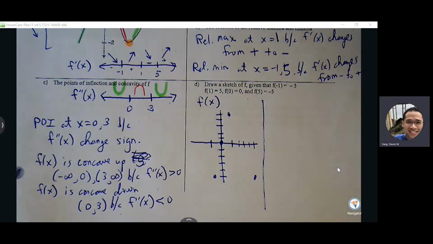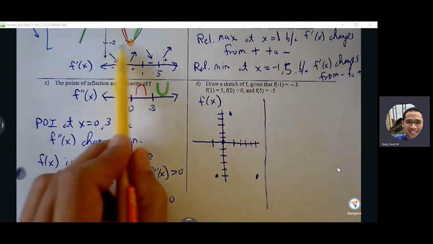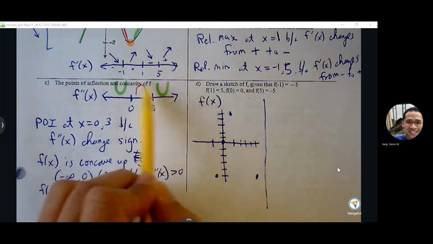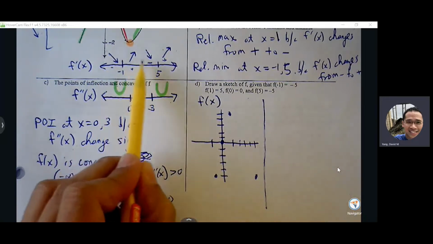I'm just going to use dotted lines to help me get the shape of the graph going. Don't really care about the curvature right now. I just want to do whatever the arrows are telling me to do.